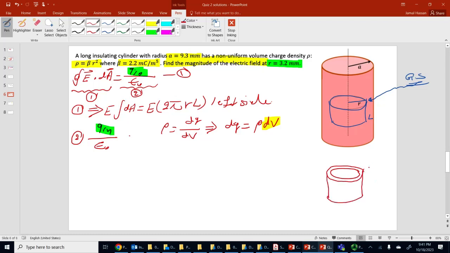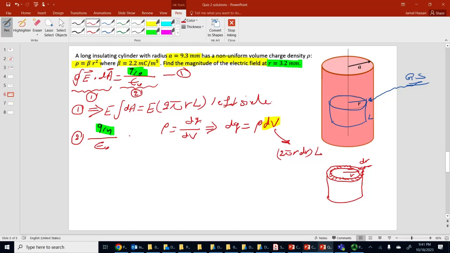It has a volume because this is an area. This is r, and that small distance is dr. So dV simply is equal to 2 pi r dr, which is the area, multiplied by L. So this is dV.